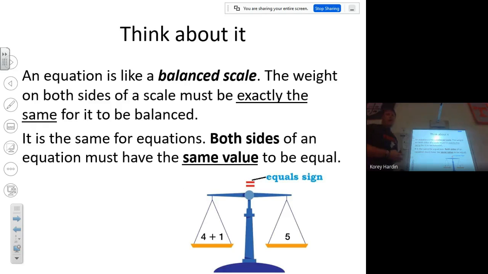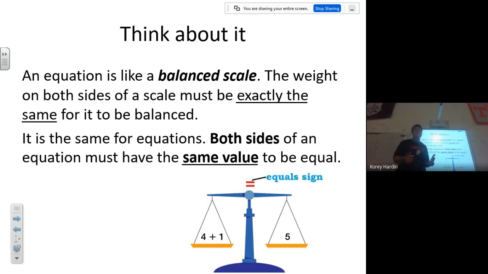Here's the last thing I want you to write as far as notes. An equation is like a balanced scale. The weight on both sides of the scale must be exactly the same for it to be balanced, okay? With that balanced scale, it's exactly the same for an equation. Both sides of an equation must have the same value, okay? So think about the picture you see on the bottom of the page here.